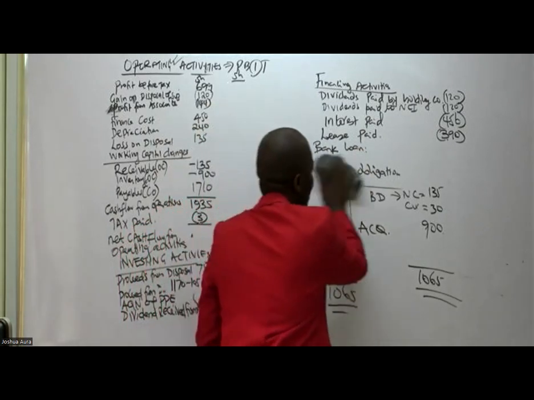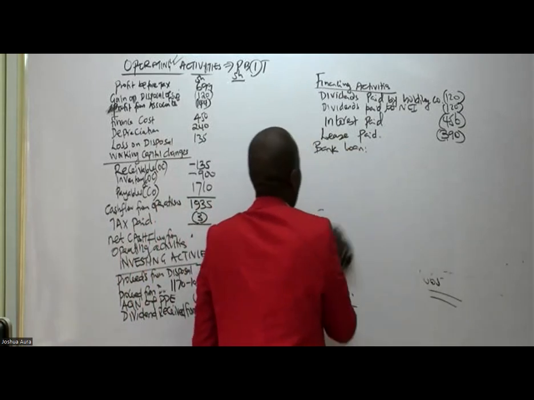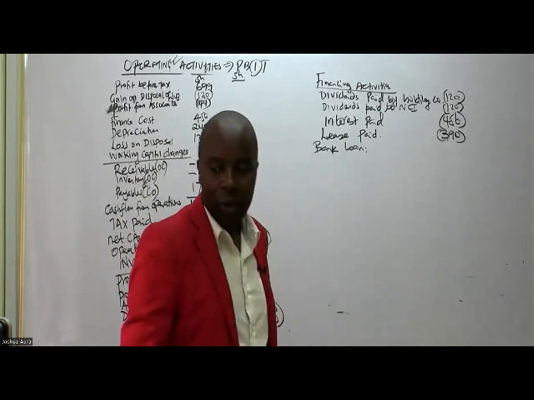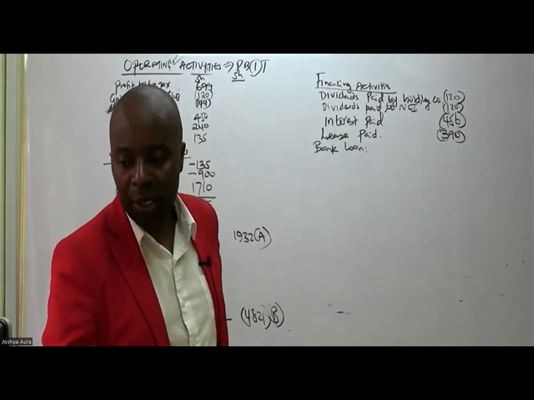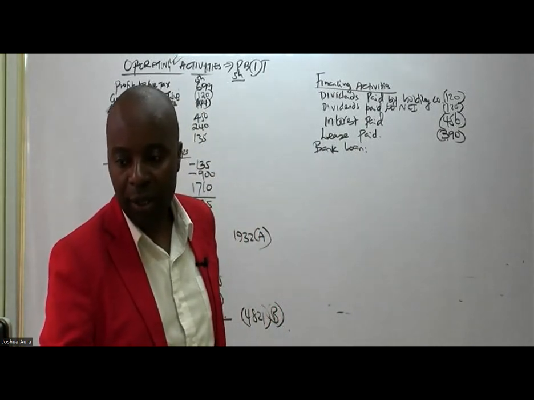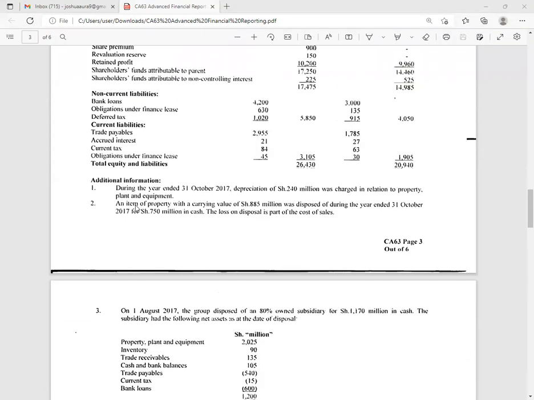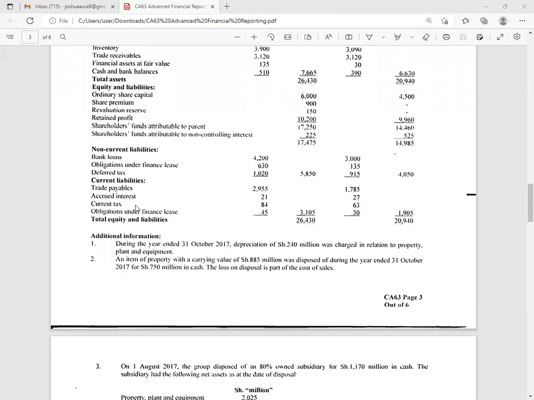But of course, as we get along, we don't like doing these T accounts. They're time wasters. So in this case here, bank loan, ladies and gentlemen, what do we have for bank loan? We began with 3,000.